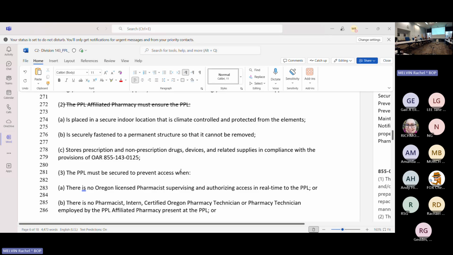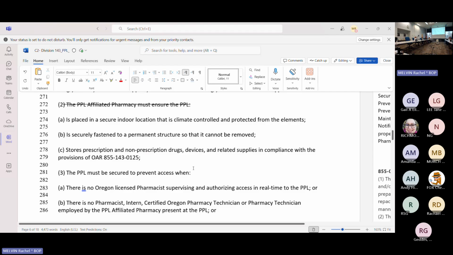Member Pineda? Board Member Pineda, is this considered the practice of pharmacy or to assist in the practice of pharmacy? And if so, does the law allow a non-licensee to assist in the practice of pharmacy? It is a lot bigger than just this.